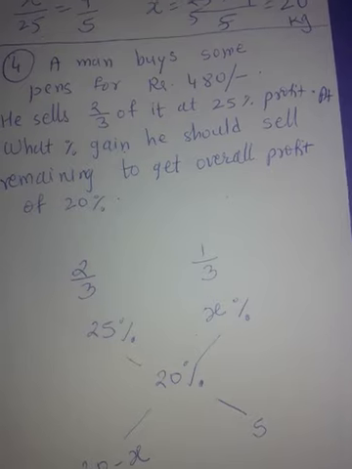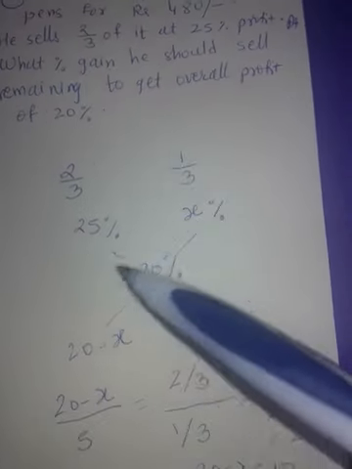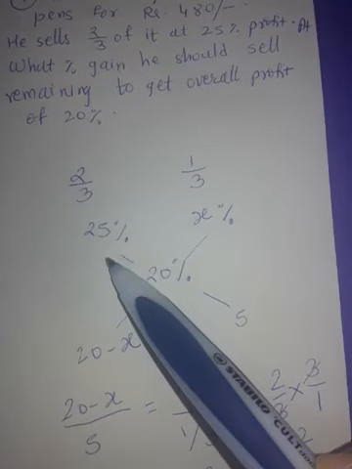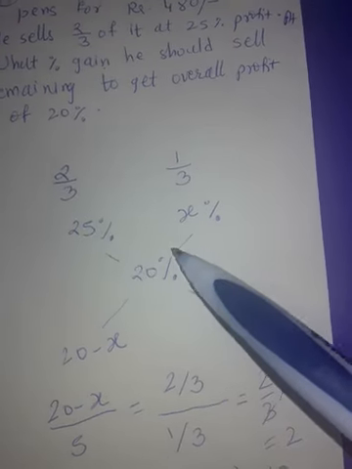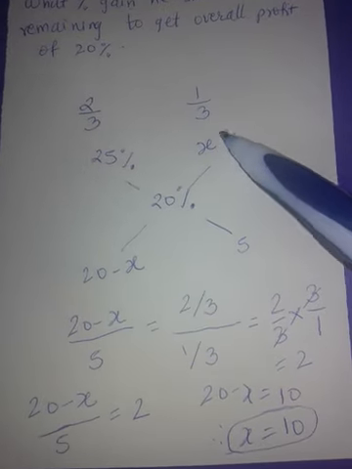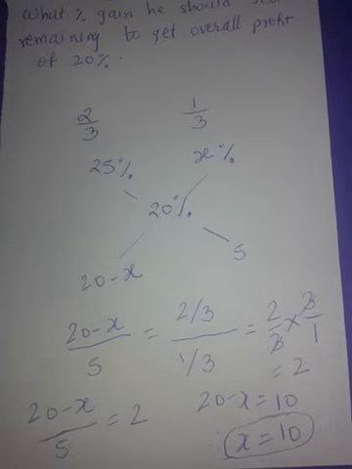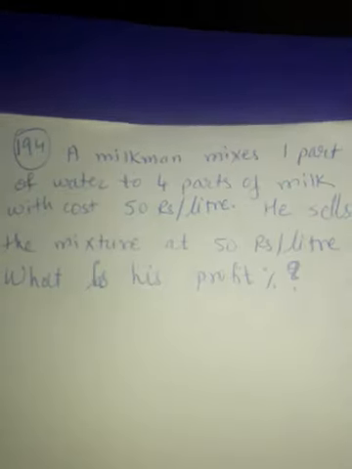We just used the alligation rule: 2/3 at 25%, 1/3 at x percent, overall 20%, and we solved for x. It became very easy. Got the question? Next question.